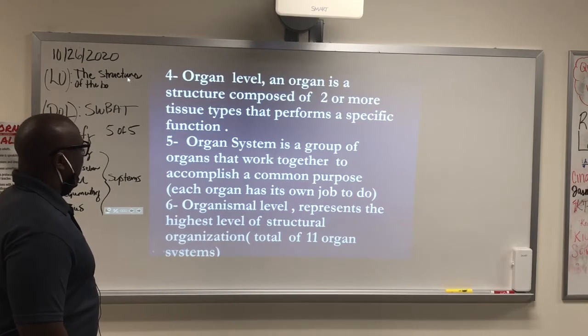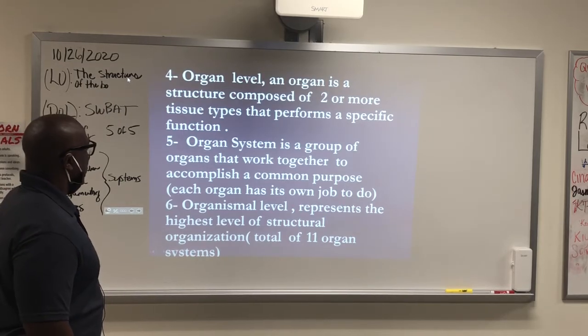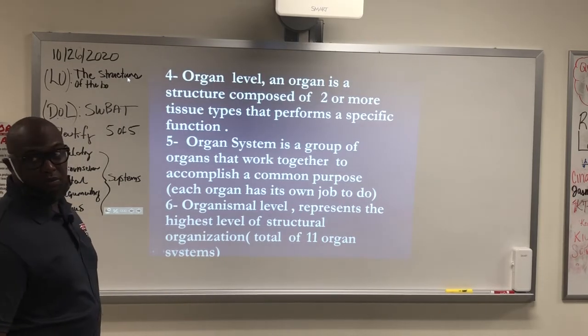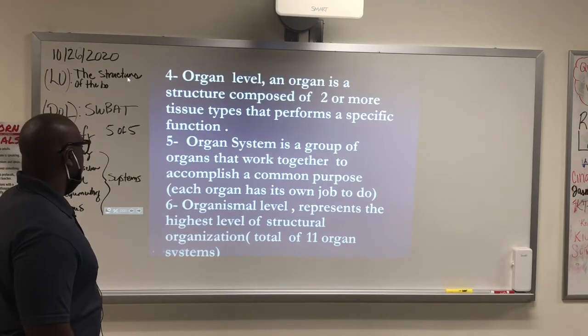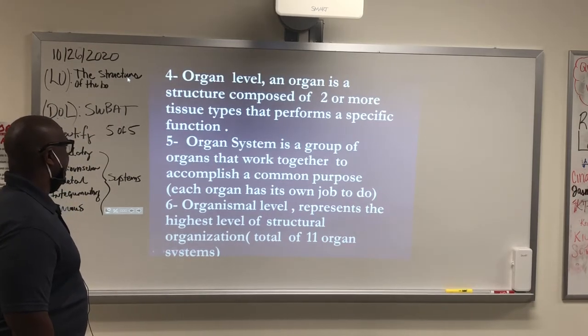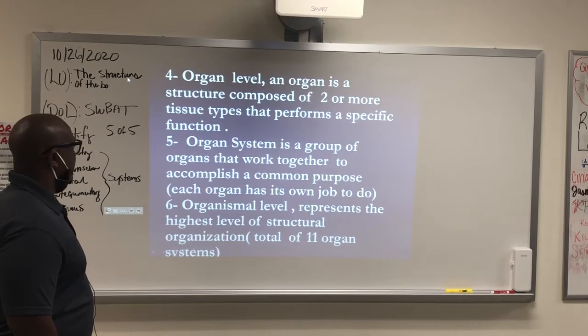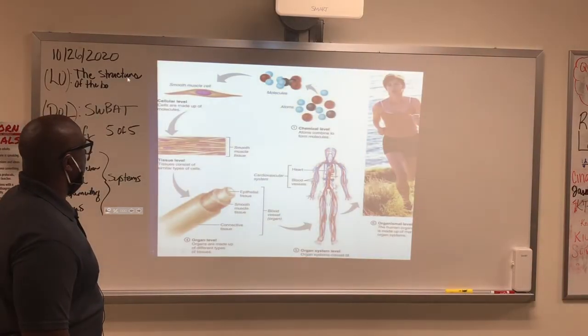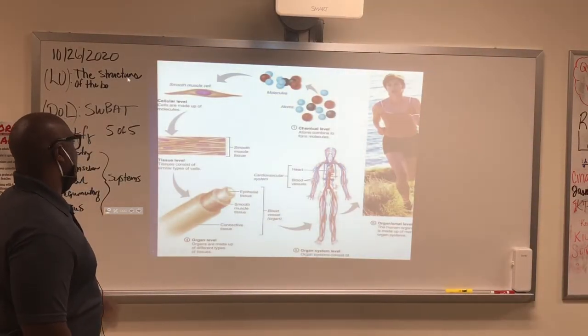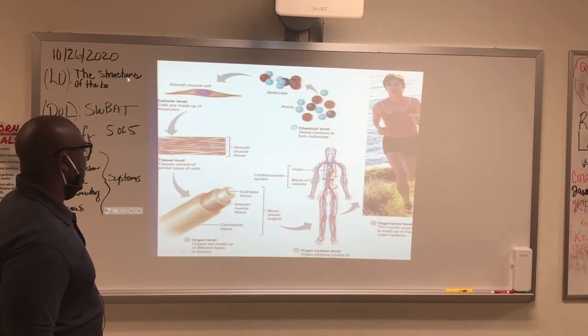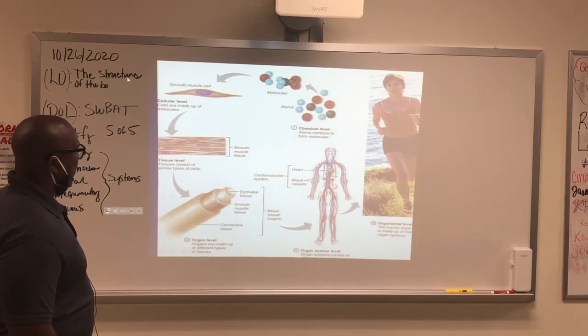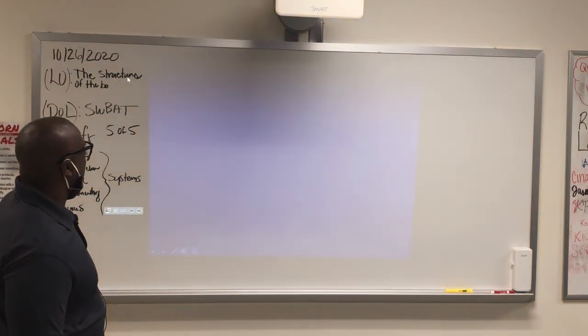You have a total of 11 organ systems. I could go over this diagram, but it's not something I'm going to necessarily bother with at this point, so we can move on.